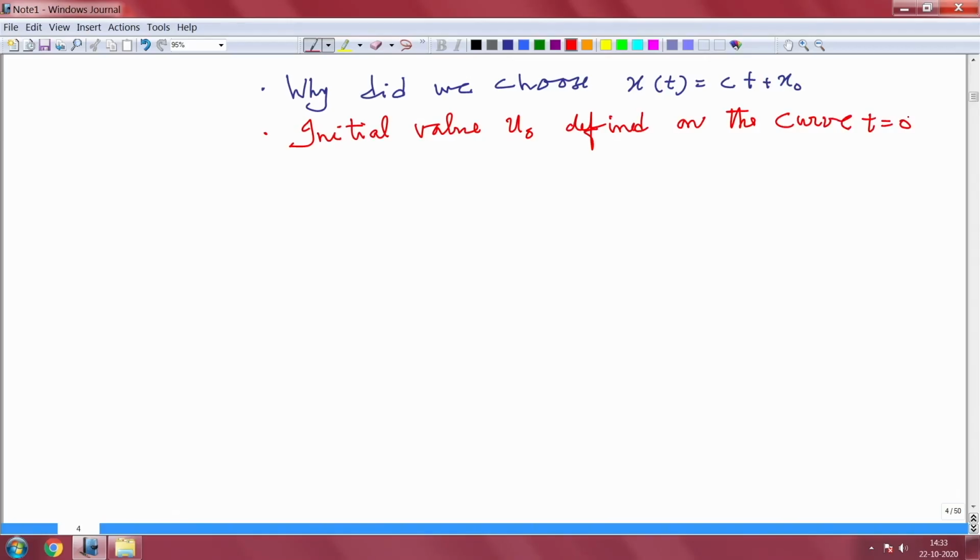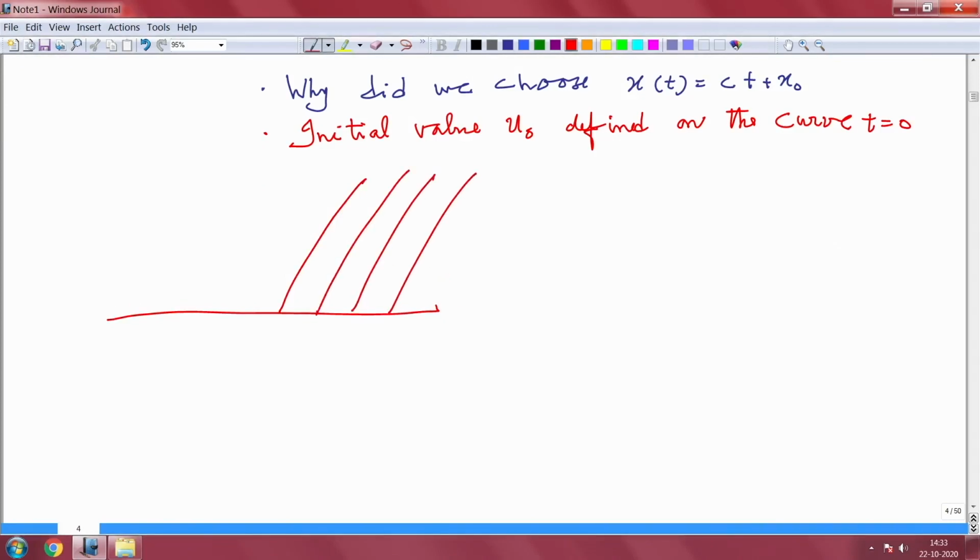So you have defined the initial values on the x axis. The question is that you have a line here and you have all your initial curves here. These are your characteristic curves. This we call characteristic curves.